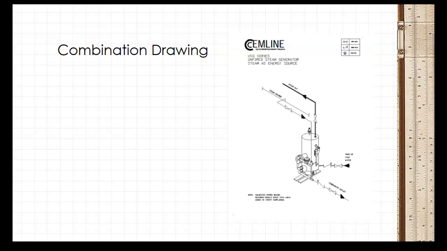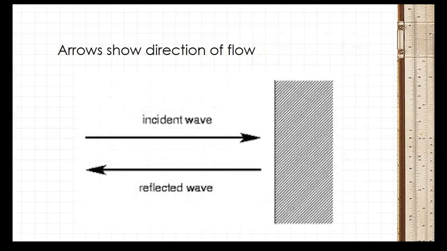If you notice, this thing has places where pipes come in, it's got four. The reason you would use a combination drawing is if you have something complex like that. You can still do that as a flat line drawing, but it could get a little more difficult.